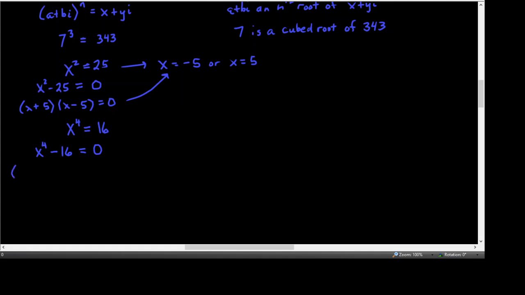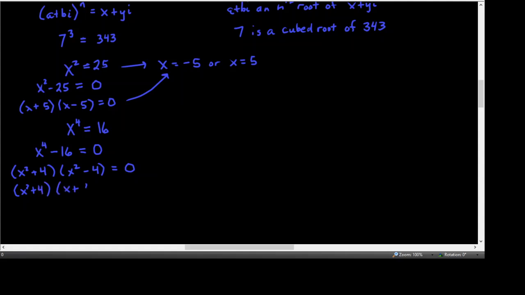So I'm going to set equal to 0 and factor. That's a difference of 2 squares, which factors to be x squared plus 4 times x squared minus 4. And using the normal rules of factoring, the sum of 2 squares isn't supposed to factor, and we're not going to right now, but the difference of 2 squares does factor.